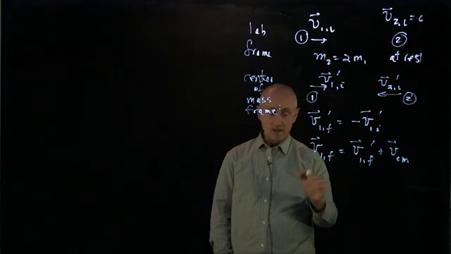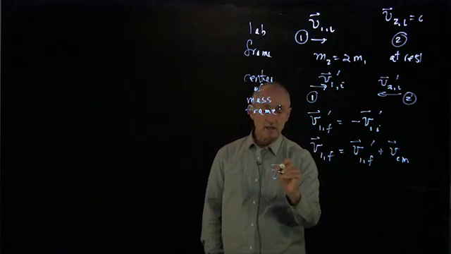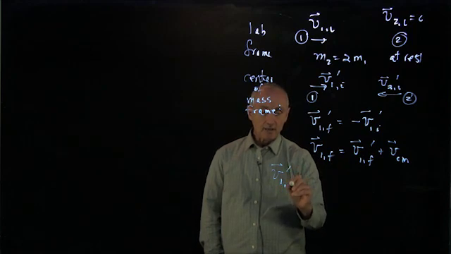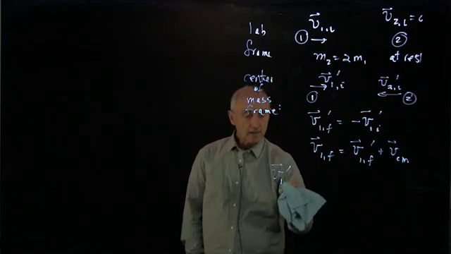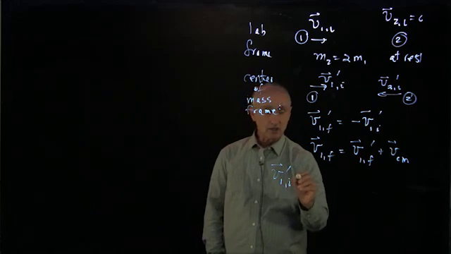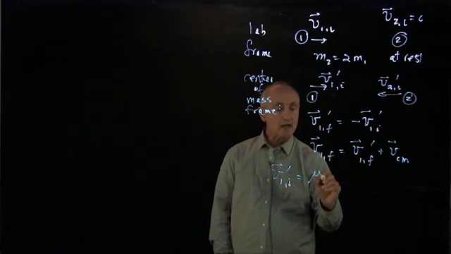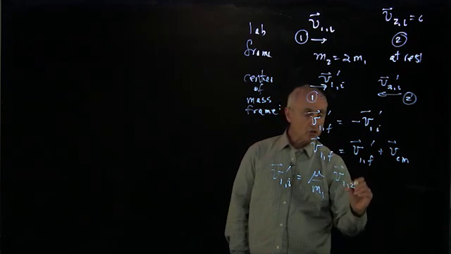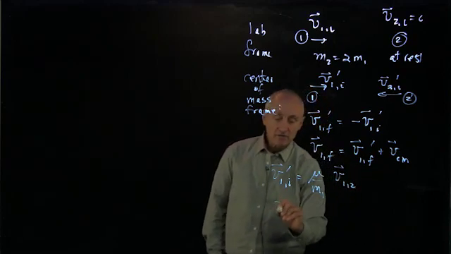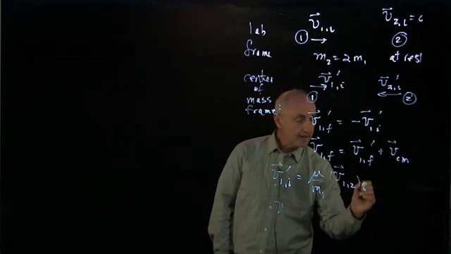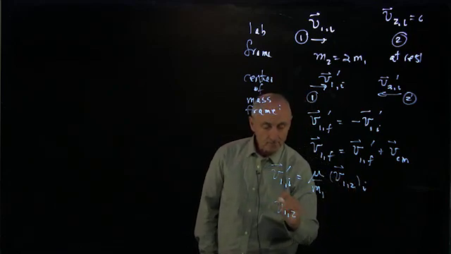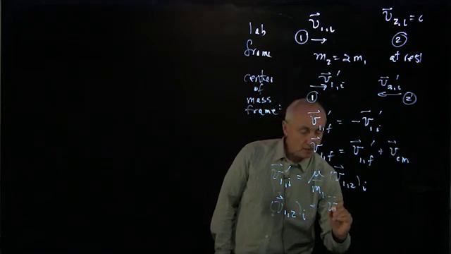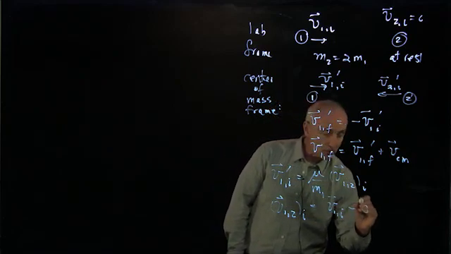And the key fact that we know is that V1 prime is equal initially to the reduced mass divided by M1 times V12 initial, where V12 initial is just equal to V1 initial minus 0.